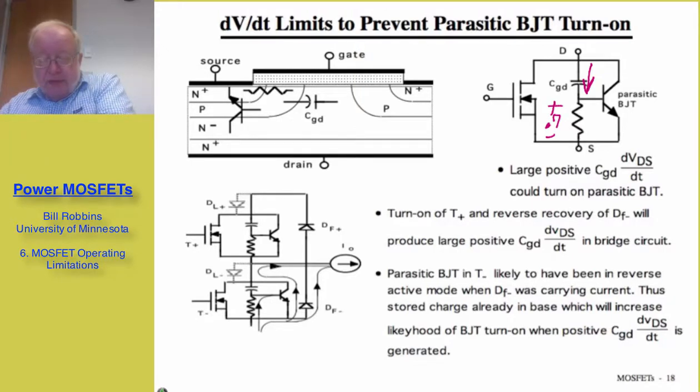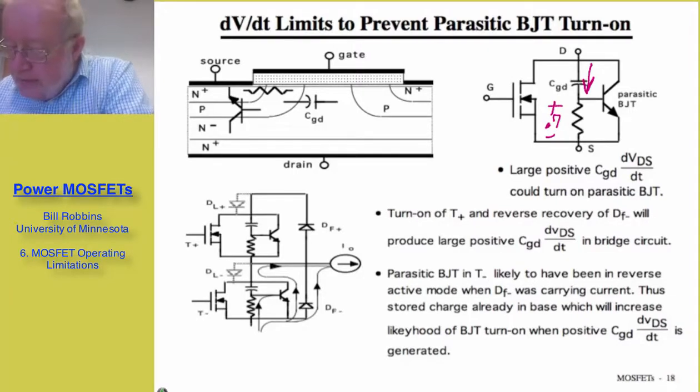And if then at some particular time we attempt to turn on the upper transistor while maintaining the lower transistor in the off state, what could happen is we would then have a very large, very rapid increase in the drain to source voltage across that lower transistor.